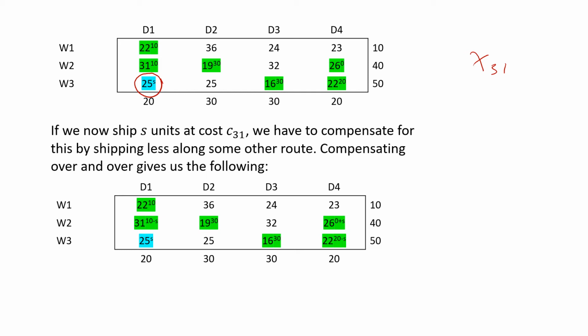So let's say that I ship S units along that line. You know, S can be any number. What I'm going to do is look for a cycle in here using that point and using only my basis elements. And this cycle will always exist. So what do I mean by that?